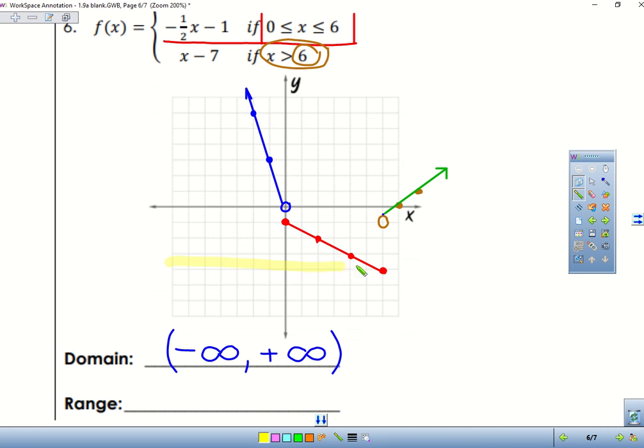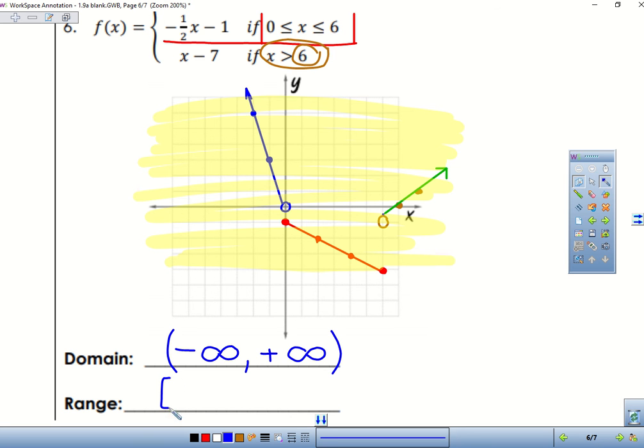The range is how low the function goes to how high the function goes. The highest is infinity. Very good. The lowest is lower than -1. -4. 1, 2, 3, 4. -4 to +infinity.